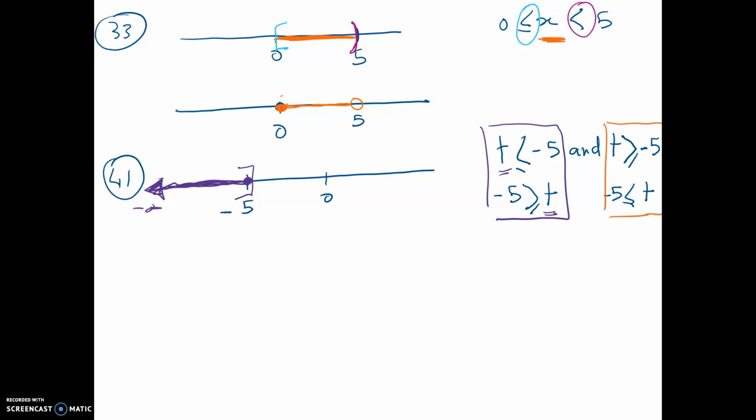So if I want to represent this one, I am going to have 0, I am going to have negative 5, but because t is greater, that means I need to go toward the right. So when it's greater, you're going to the right. When it's less, you're going to the left. There is an equal, it will be a solid dot. And some of you might want to use, instead of the solid dot, a bracket.